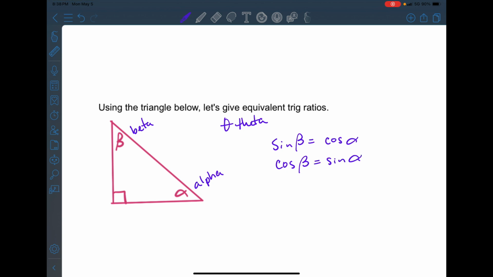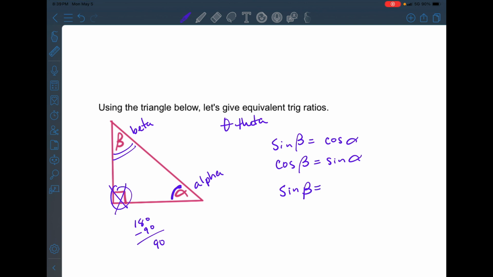So one more thing I want to add to this is all three angles in a triangle equals 180 degrees. If we're using right triangles, because we're doing right triangle trig, we're taking 90 out. So 180 minus 90 leaves you with 90. Whatever this is, I subtract it from 90 to get this. So you may see something like this.